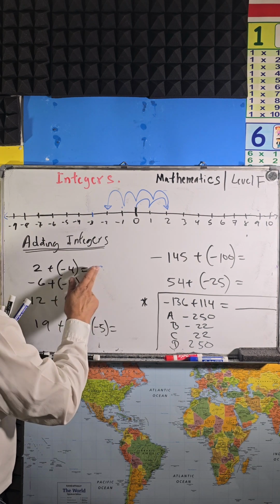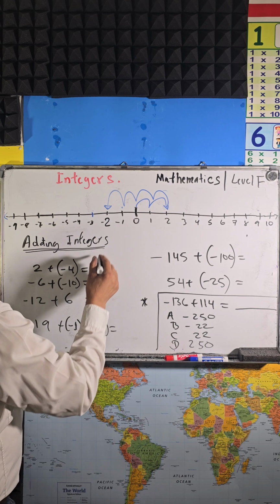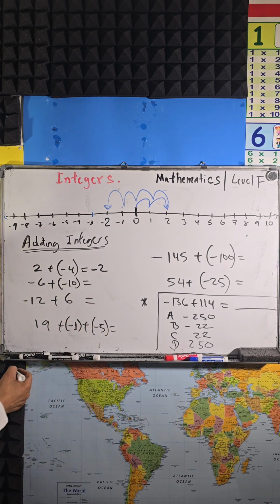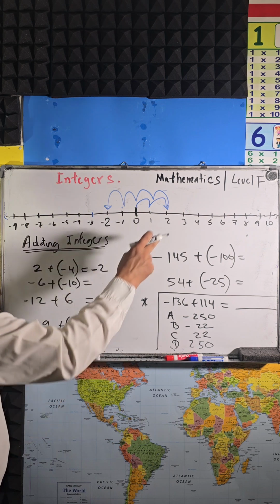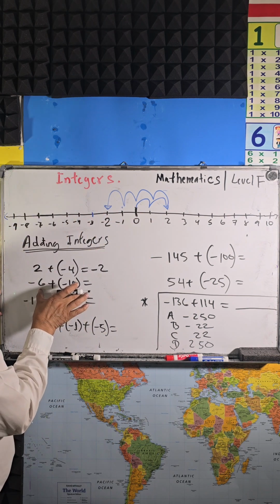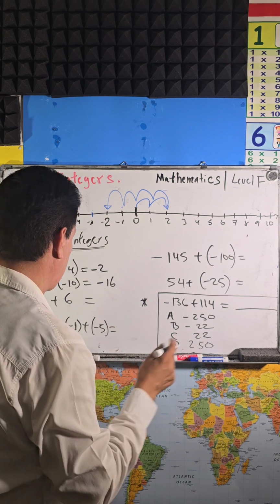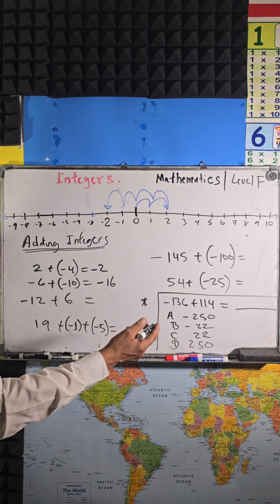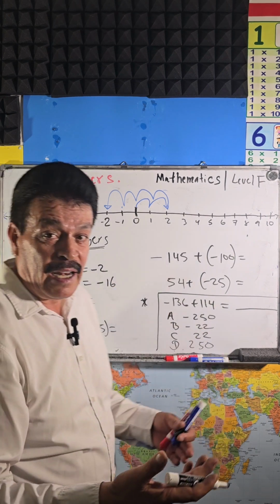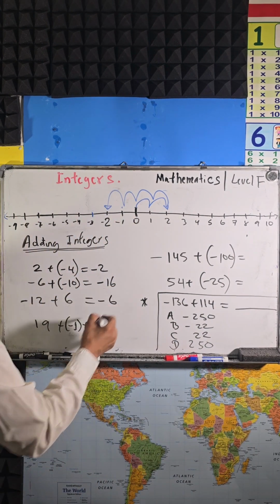See the number right here? This is negative 2. And then negative 6 plus negative 10, all the way to the left together, is negative 16. Okay. Then we have negative 12 plus 6, which equals negative 6.